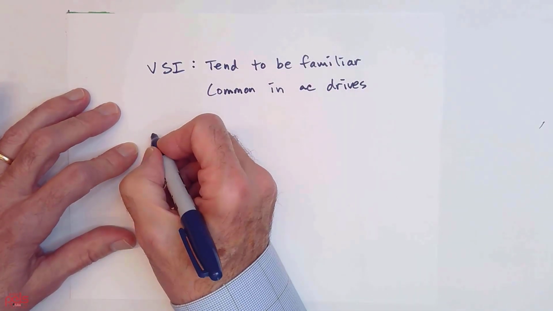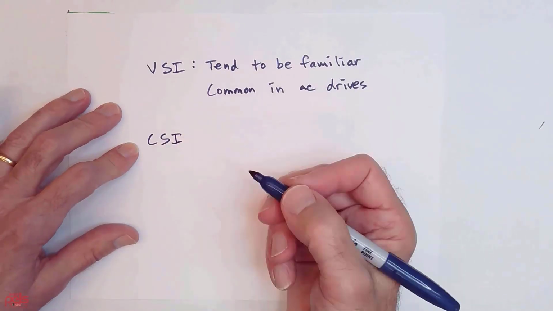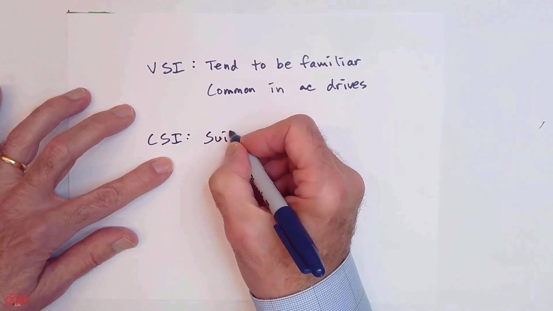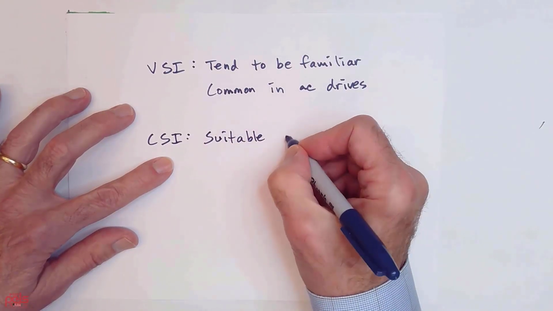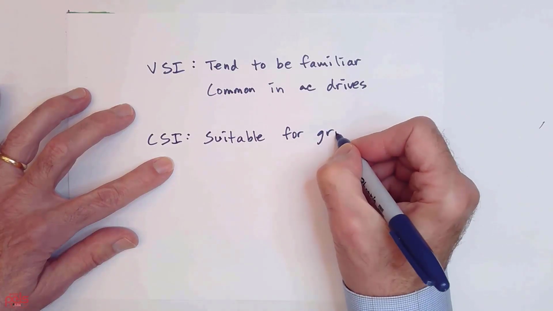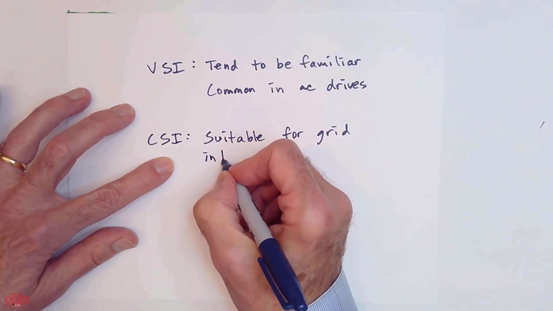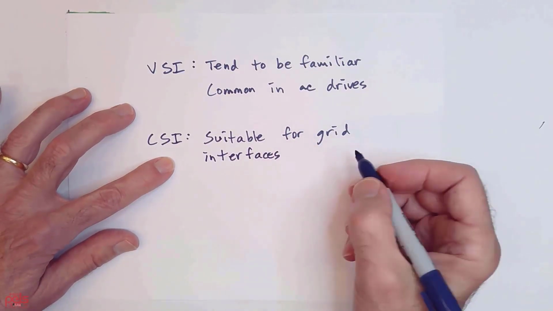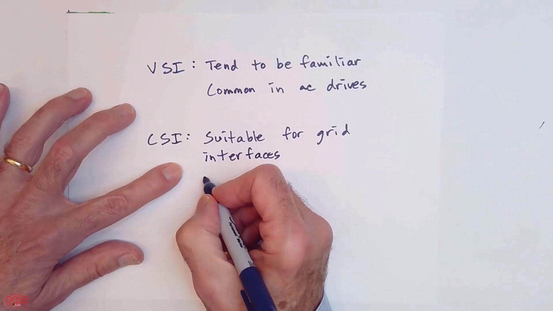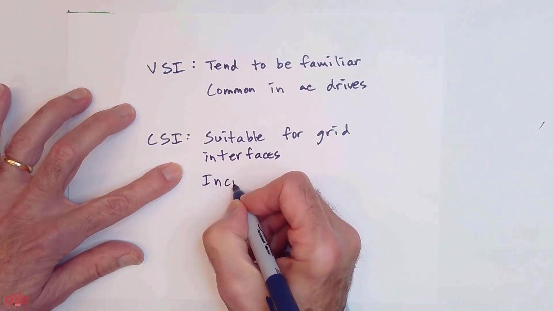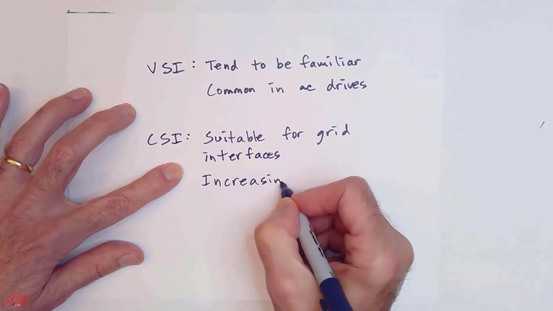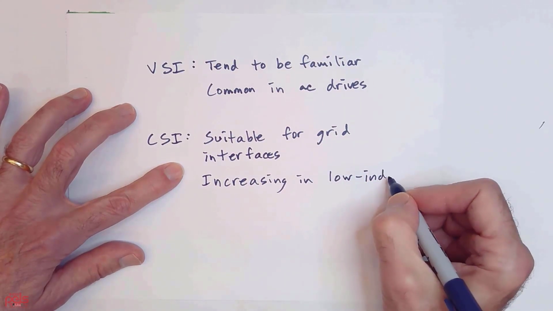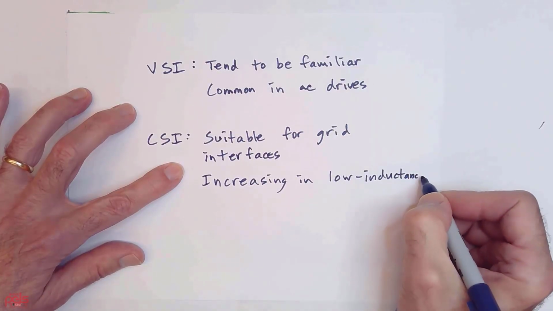Current source inverters have been unfamiliar, but they're coming back. They're actually quite suitable for grid interfaces, especially as power levels go up. And also, they're increasing in use in low inductance drives.